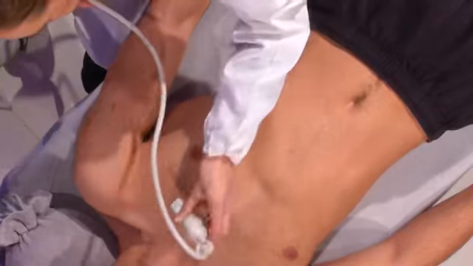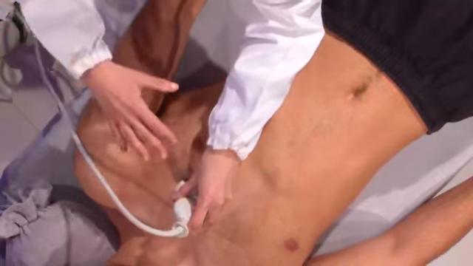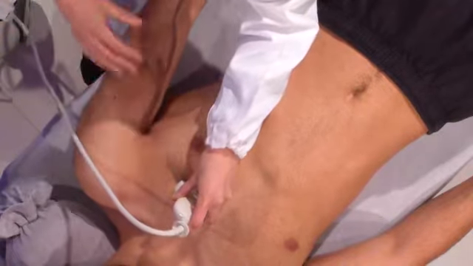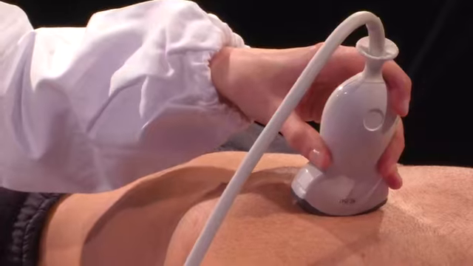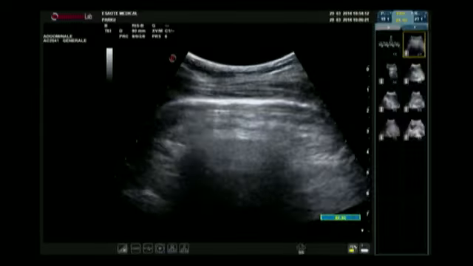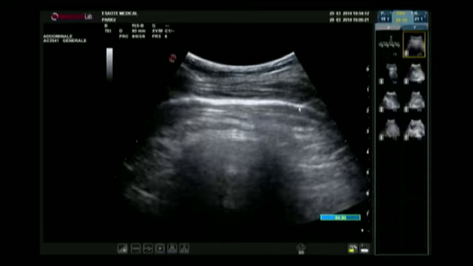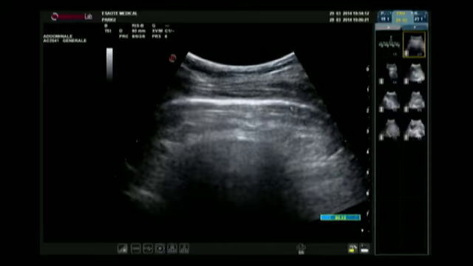So you have to put your probe longitudinally within the intercostal spaces like this on the upper part of your thorax. And if your patient doesn't have a pneumothorax, what you see, as we have seen before, is this image of the pleural line, which is moving synchronously with respiration.